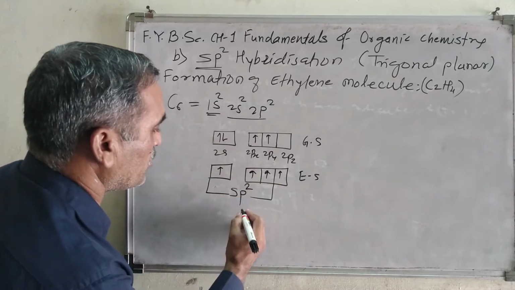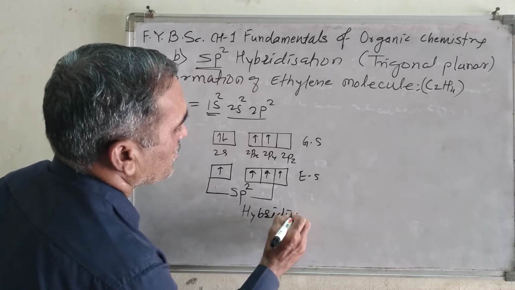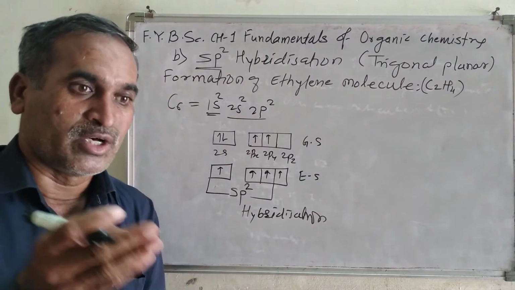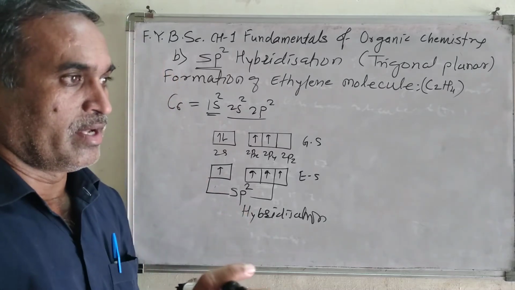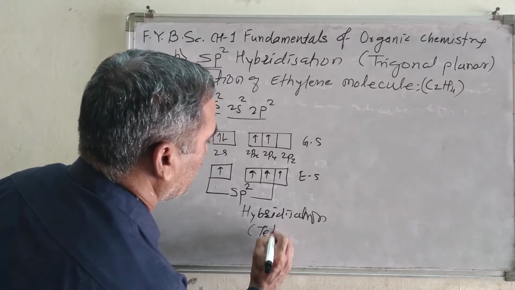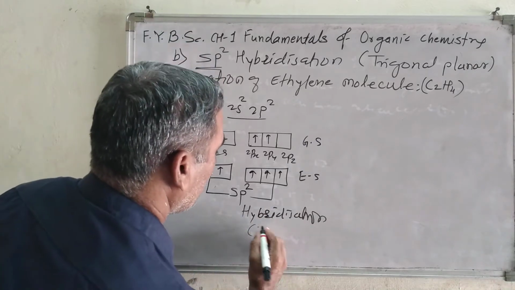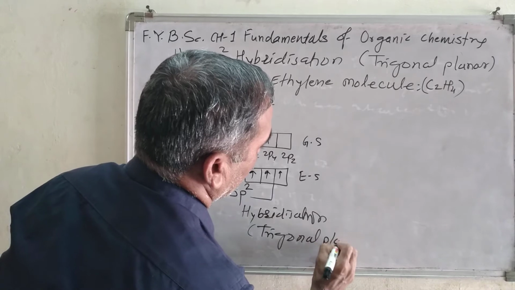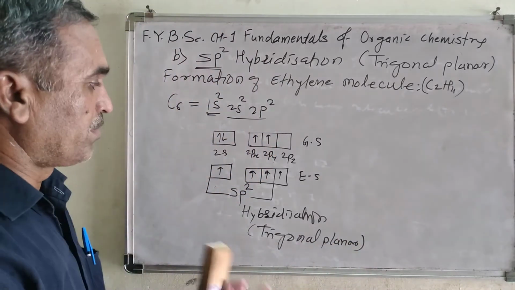This is sp2 hybridization, and when it forms, it has a definite geometry, not tetrahedral, but trigonal planar geometry.